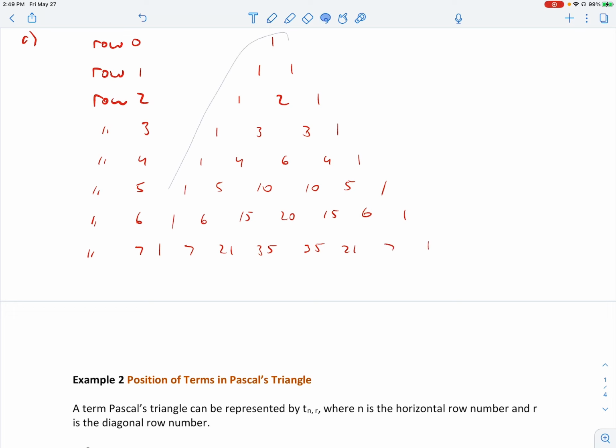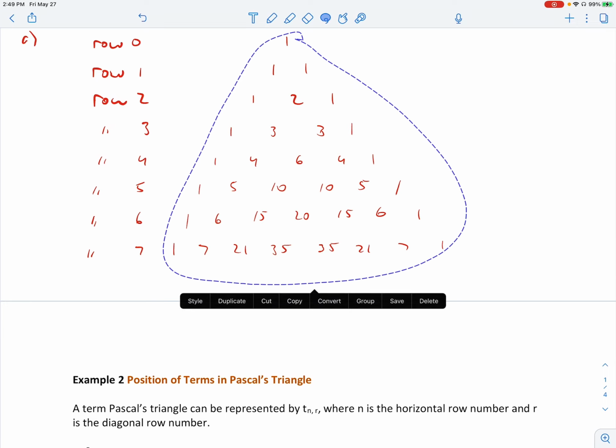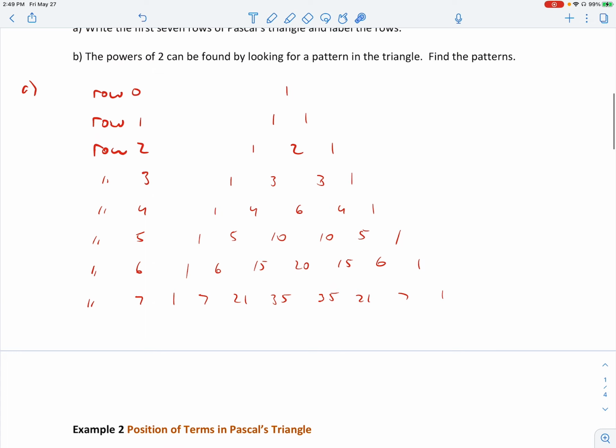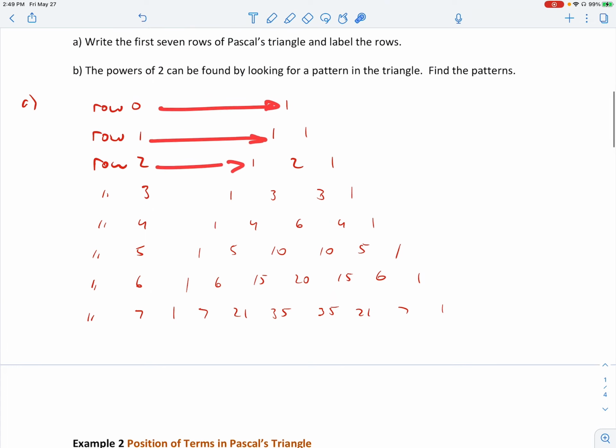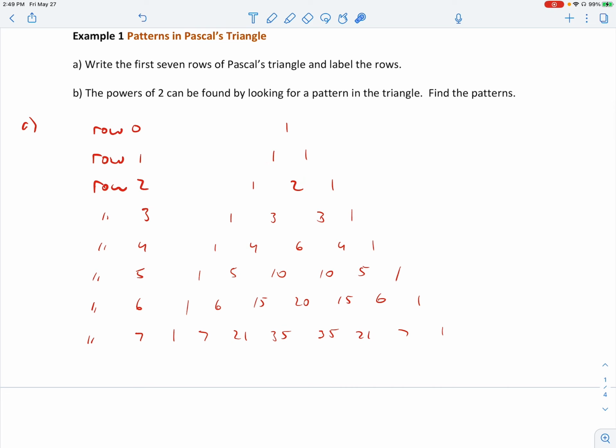So this makes up the 7 rows of Pascal's triangle. So the row numbers always refer to these entries in here. Okay, so that would be good for part B.